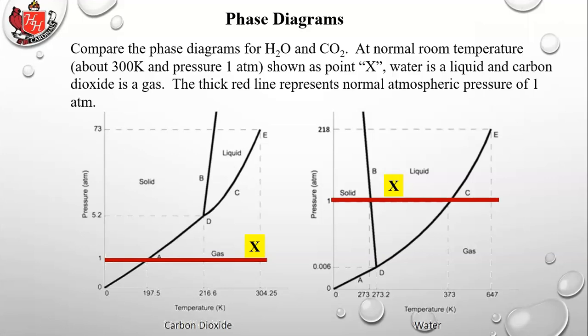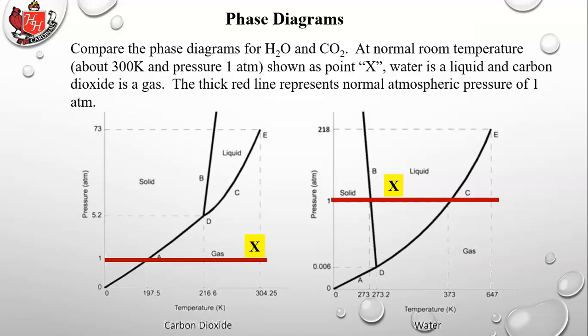Compare the phase diagrams for water and carbon dioxide. At normal room temperature, about 300 degrees Kelvin, that's a little bit on the warm side, but it's fairly normal room temperature, and pressure of 1 atmosphere, shown as point X, water is a liquid and carbon dioxide is a gas.